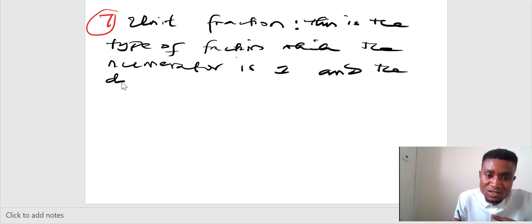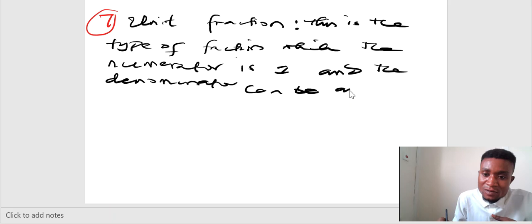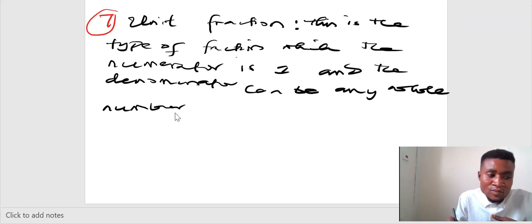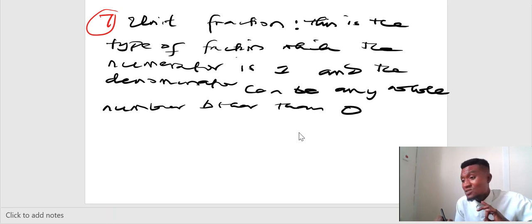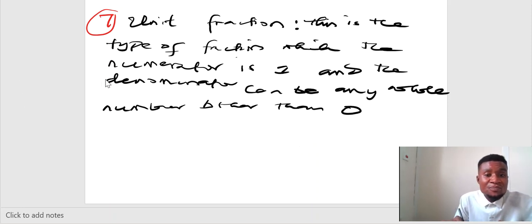And the denominator can be any whole number other than 0. So the denominator cannot be 0, but it can be any whole number that is greater than 0. So here the numerator has to be 1. That makes it what is called a unit fraction.